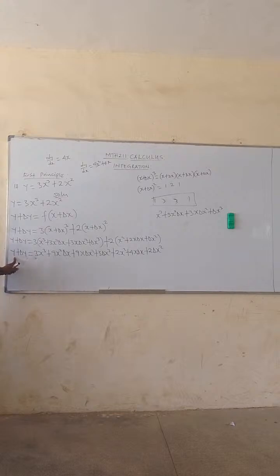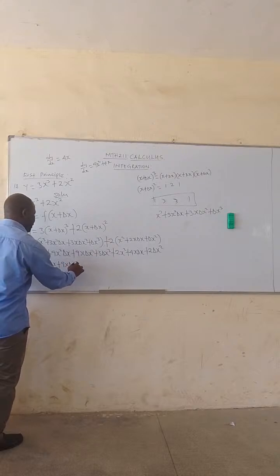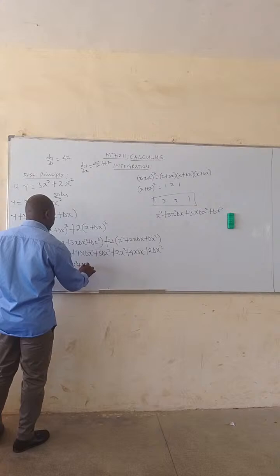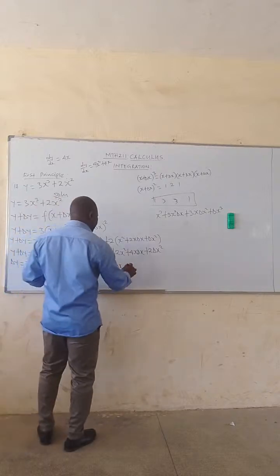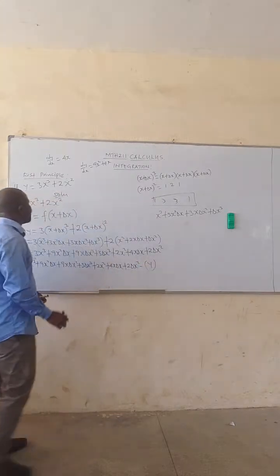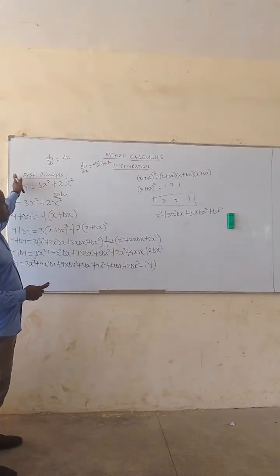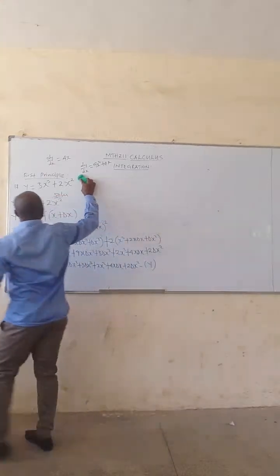If we subtract y from both sides, we are going to have dy equal to 3x cubed plus 9x squared dx plus 9x dx squared plus 3 dx cubed, plus 2x squared plus 4x dx, then plus 2 dx squared minus y. Can I clean this up? So far, so good.